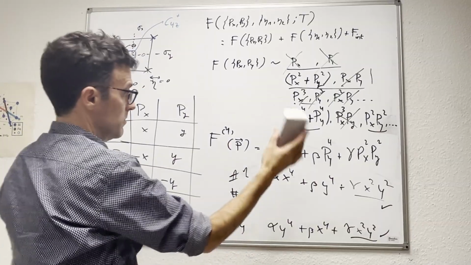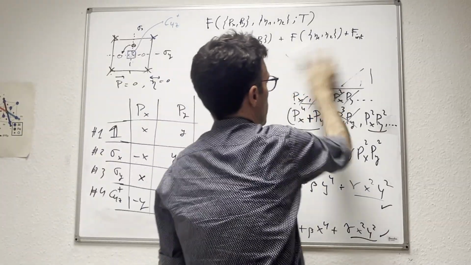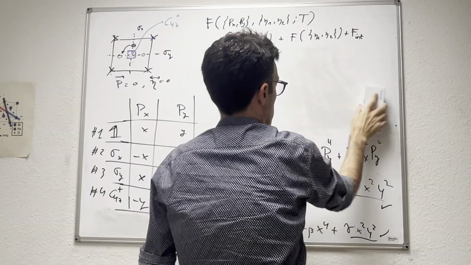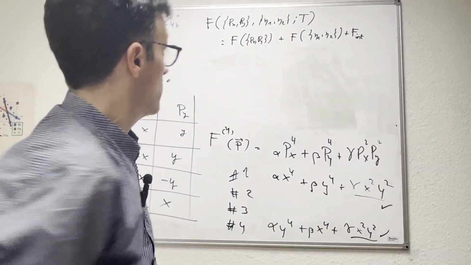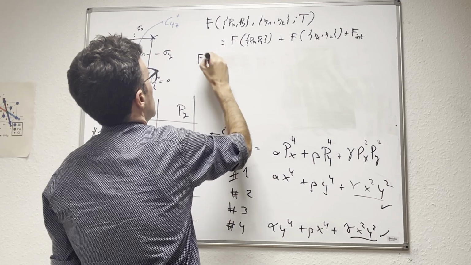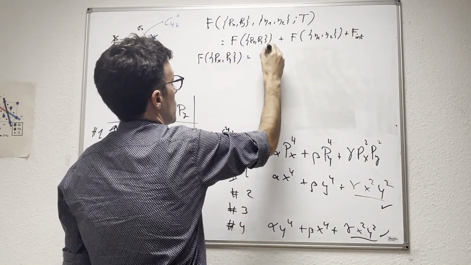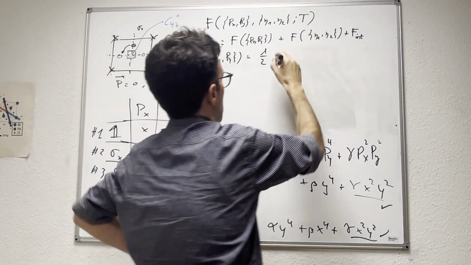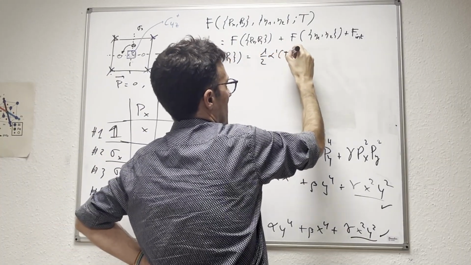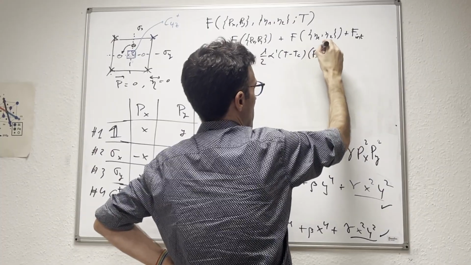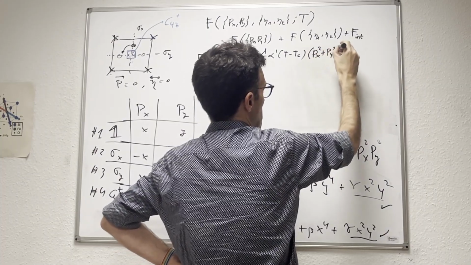So let me remove this. So f of px, py is going to look like 1 over 2, something I'm going to keep calling alpha prime, minus t minus tc, but then now this guy is going to be multiplying px squared plus py squared.